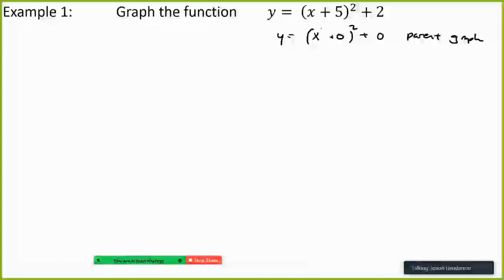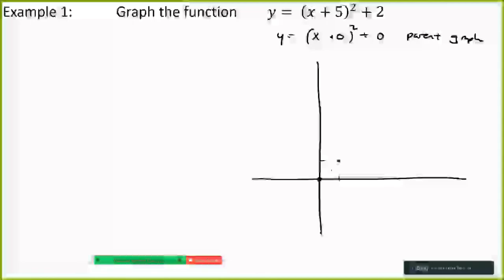So if we start with that, the parent graph starts at the vertex or the origin, goes to this spot, 1, 1, and then it goes to 2, 4. So I'm graphing the parent graph here. 1, 2, here we go. So here's the parent graph.